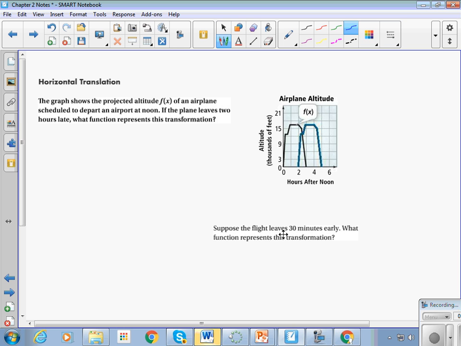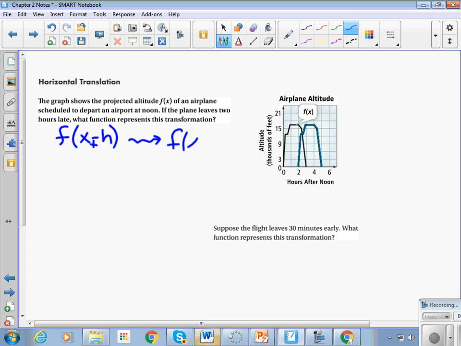So the horizontal transformation that we took notes on from the previous page says I take my function and I replace x with x plus or minus h.